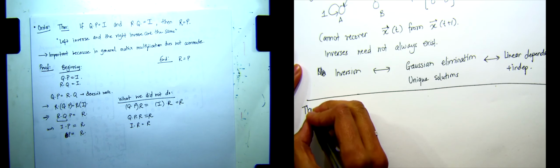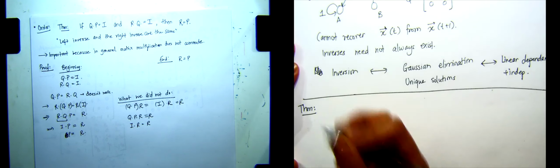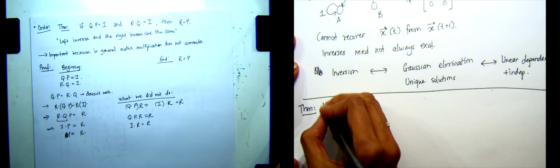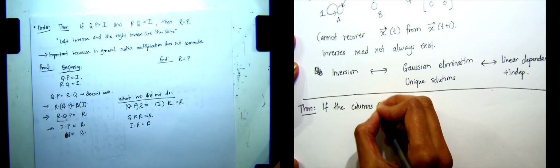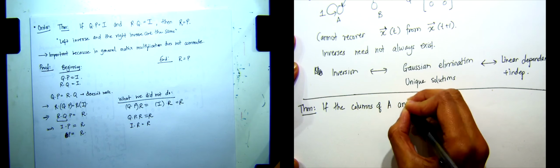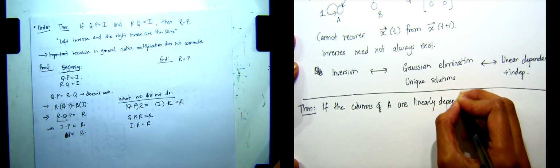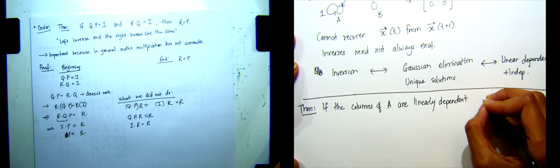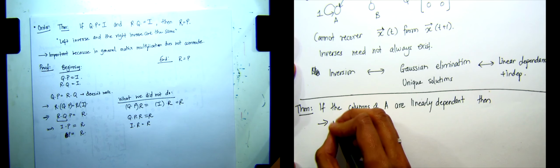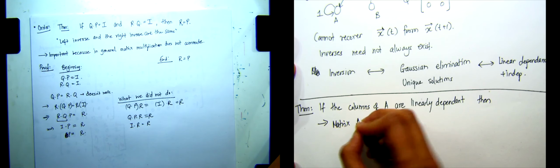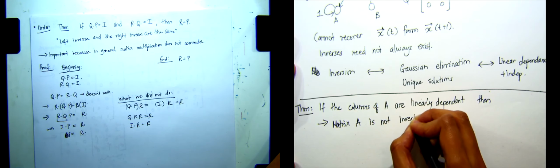Theorem. If the columns of A are linearly dependent, then matrix A is not invertible.